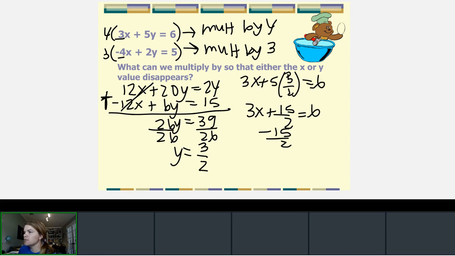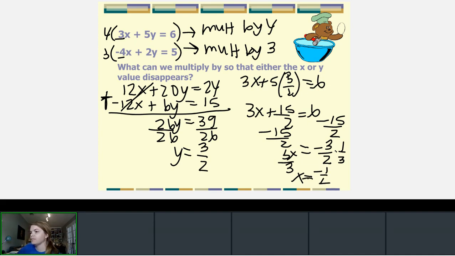So again, I want to have the same denominator over here. So 6 would be the same thing as 12 over 2. So 12 minus 15 would be negative 3 halves. And 3x, so divide by 3. And I would get x equals negative 3 on top and 6 on the bottom, which is negative 1/2.